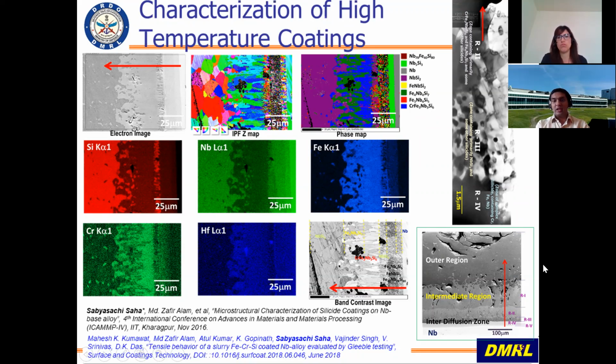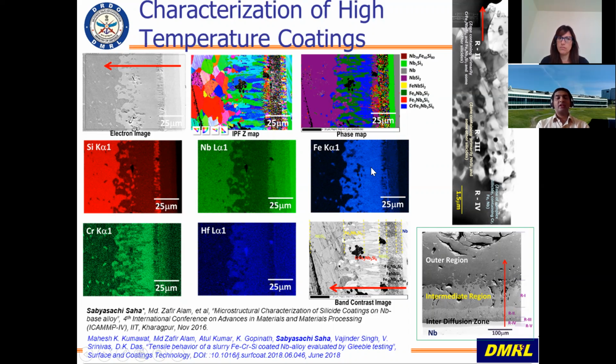It has multiple layers and multiple phases, and I prepared site-specific lamellae from different regions to study. Here, this shows the coating cross section at a region close to the interdiffusion zone.